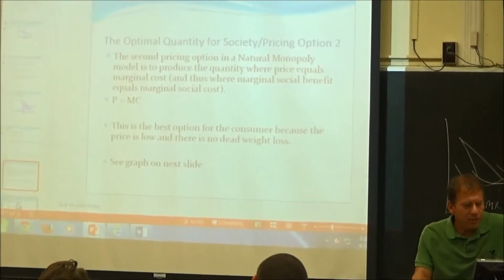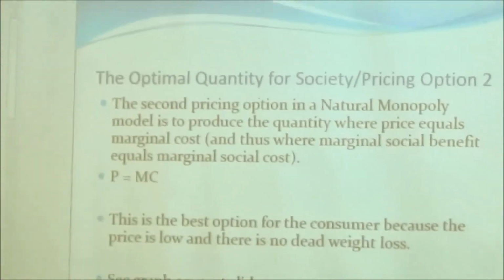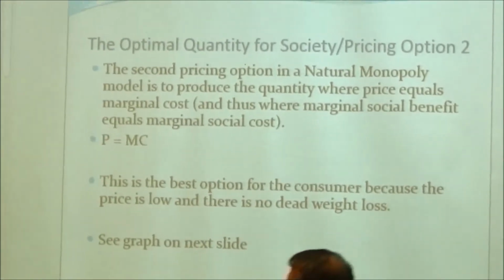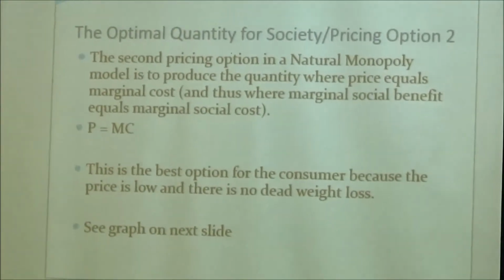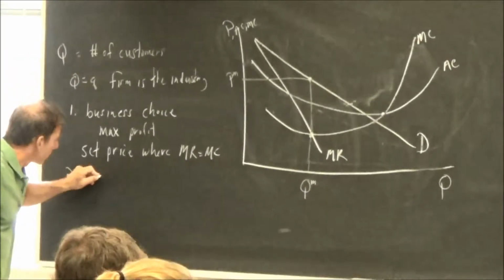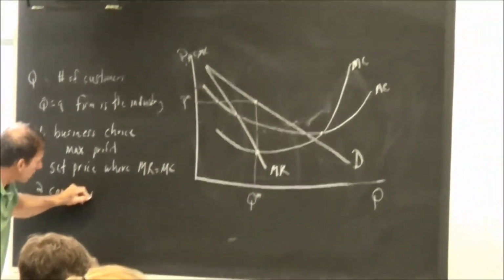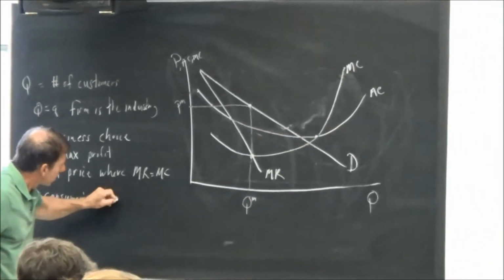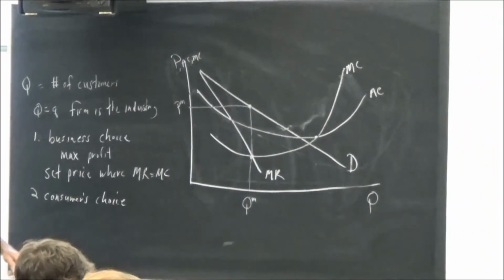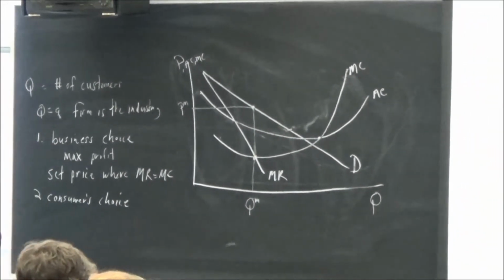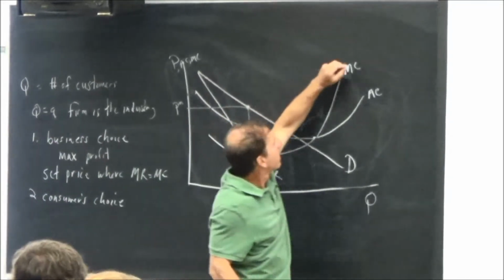Okay. Option number two is the one that the consumer would like, right? So in this option, this would be the consumer's choice. The consumer would like to just be where supply and demand are equal.